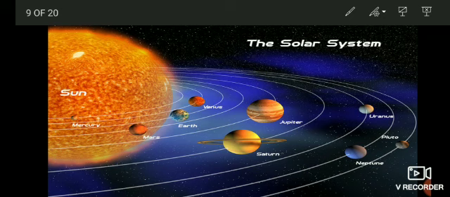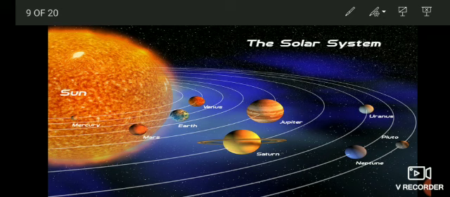They are in a motion called revolution. Revolution means they are moving around the sun in some special paths. These are elliptical paths, called orbits. Every planet is having its own elliptical path called orbit and they are in continuous motion.